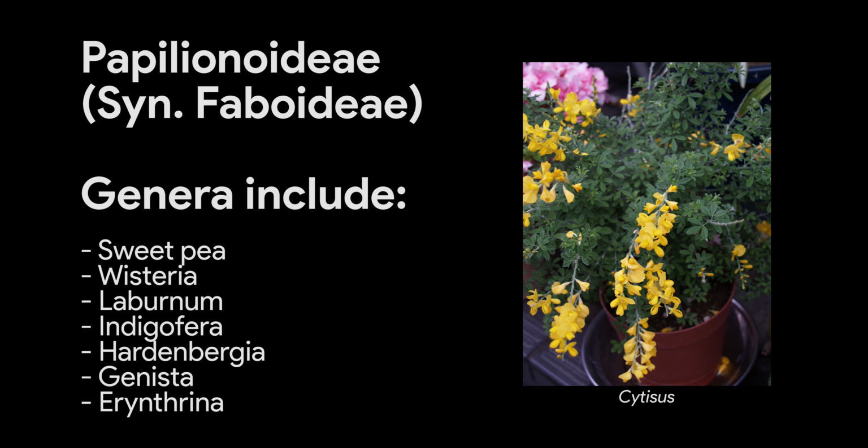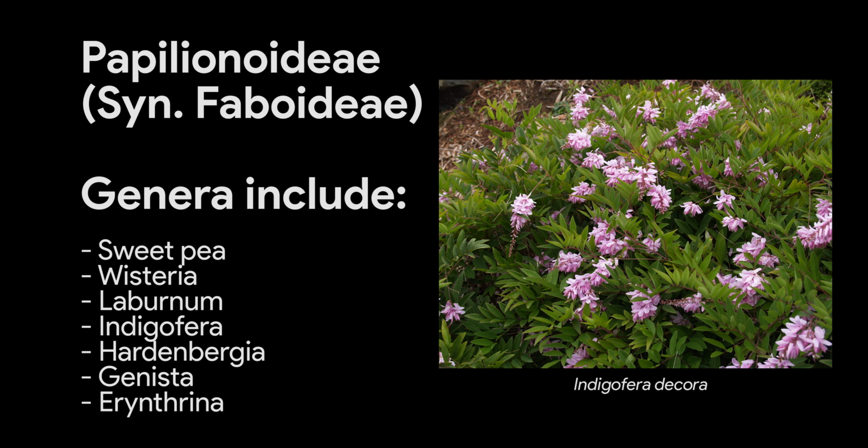Important garden plants in this subfamily include ornamental shrubs and vines, including Cytisus, Genista, Indigofera and Wisteria. Also Australian natives including Chorizema, Swainsona, Hardenbergia, Kennedia and Hovea.